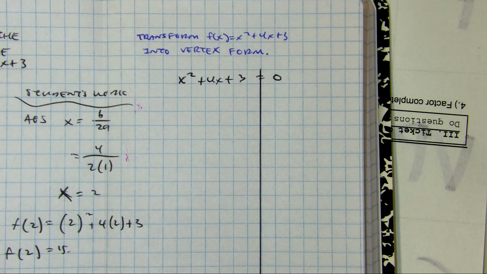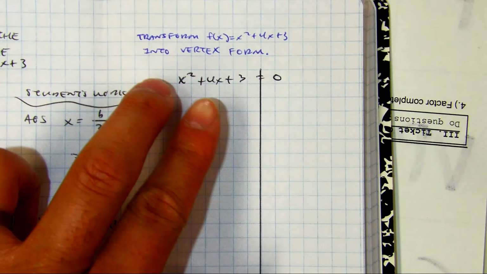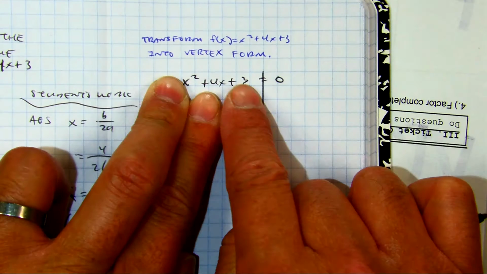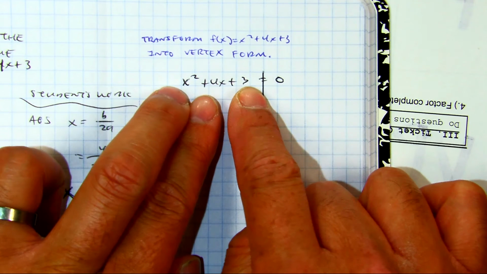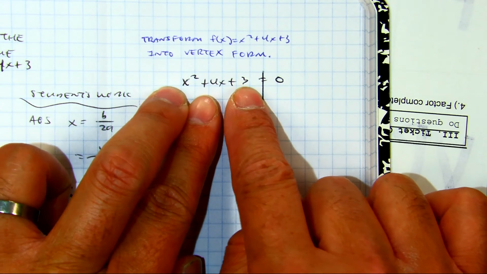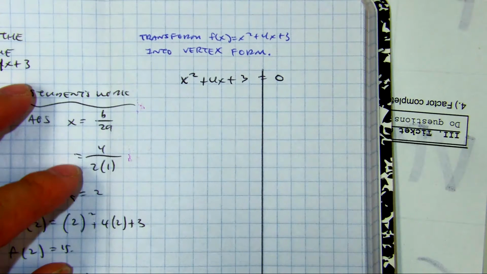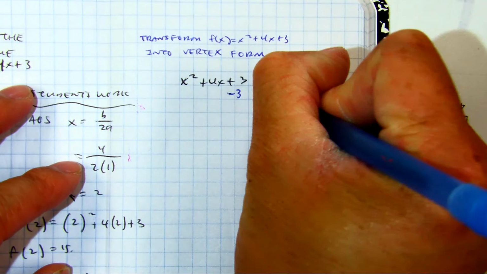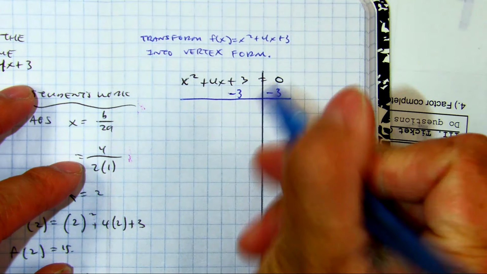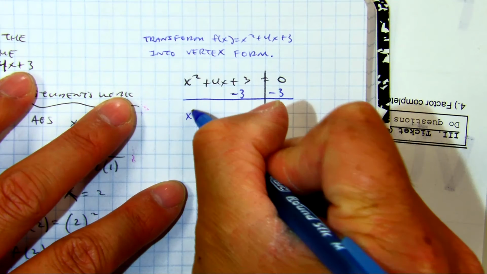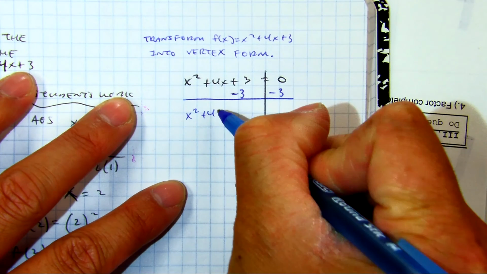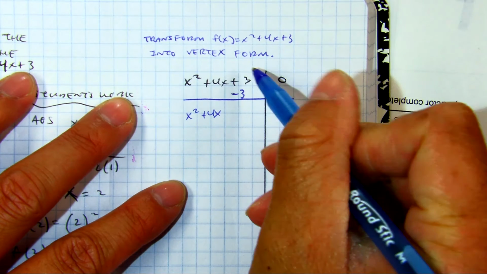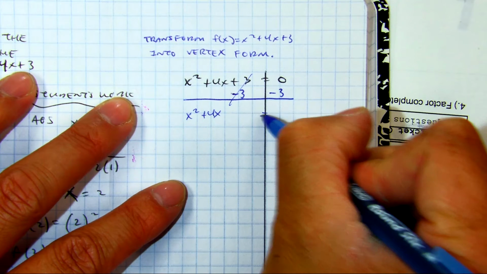Put your right finger on the one that doesn't have X's. So these two are going to stay, and this one has to move over. Class, how do I move that one over? Class, what's left? Remember, this is 0 here.